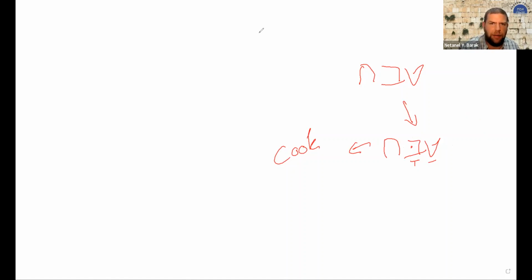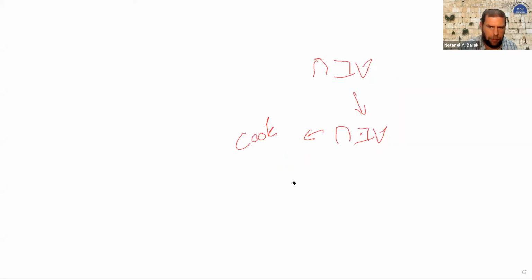Based on that, you have a pattern in Hebrew that is used for places or structures, the miktal pattern, which you would find in words such as migdal or mivtach.